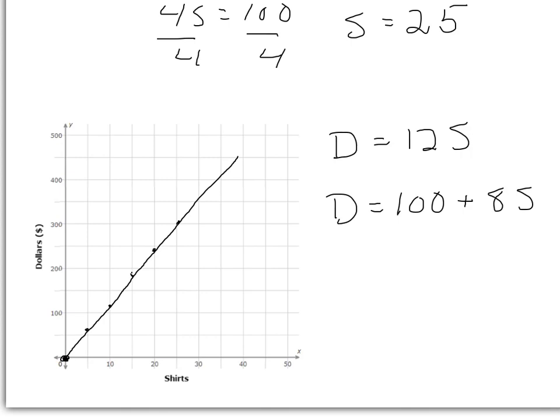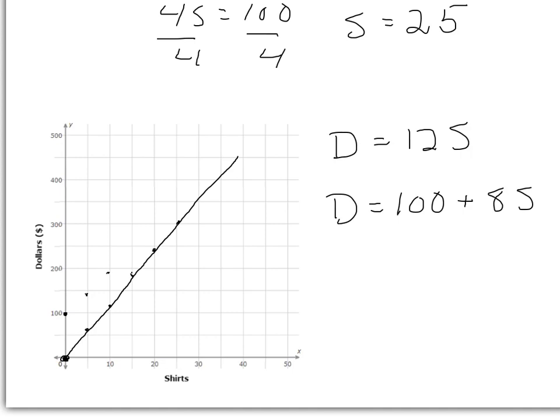Now let's think about the money that I had to spend to make those shirts. So I'm going to start off at $100. And after selling 5 shirts, I spent $140. So 5 goes up to about there. 10 shirts, $180.